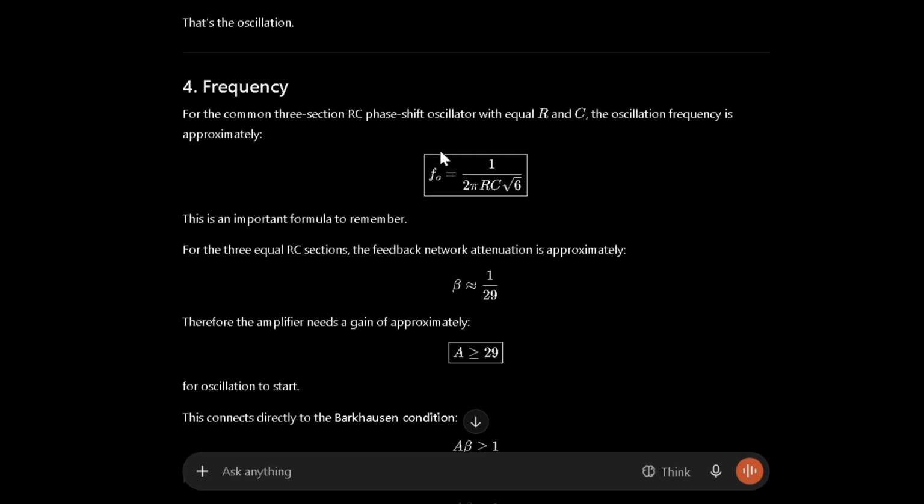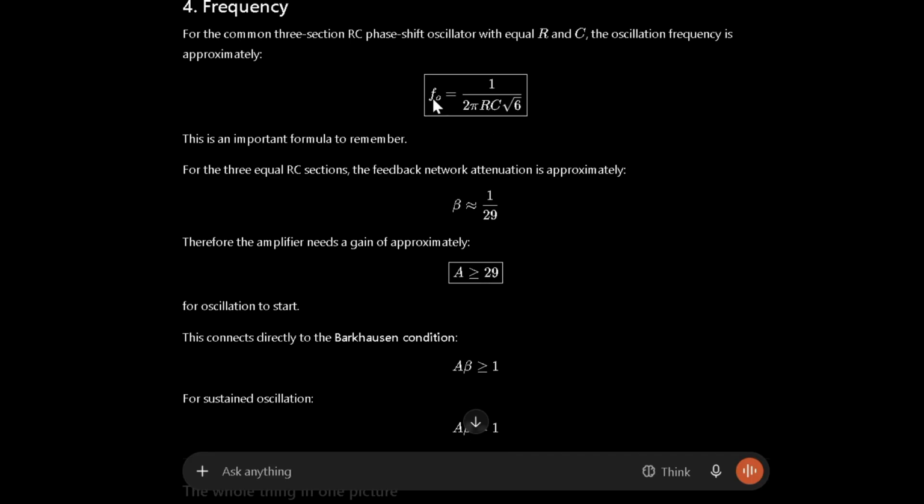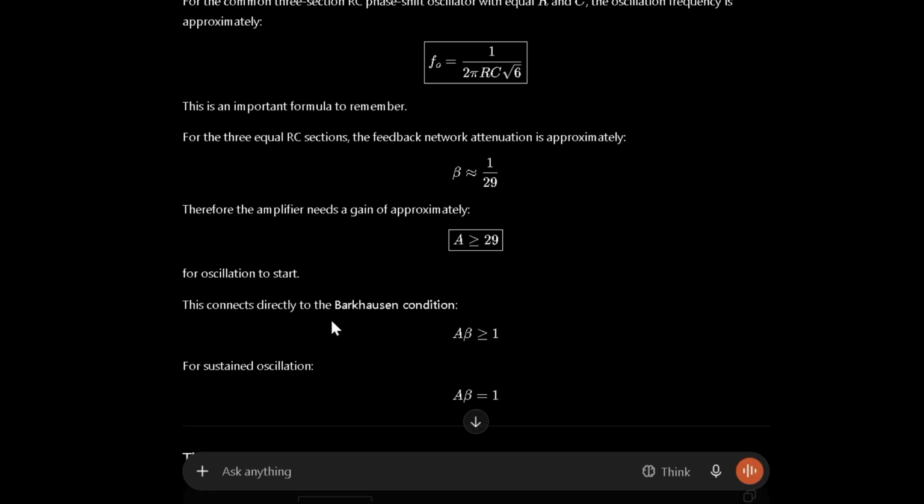We discussed that the magnitude of A beta equals 1. If beta equals 1 by 29, we need A greater than or equal to 29, because the magnitude of A beta needs to be 1 for oscillation to start. That's the condition.